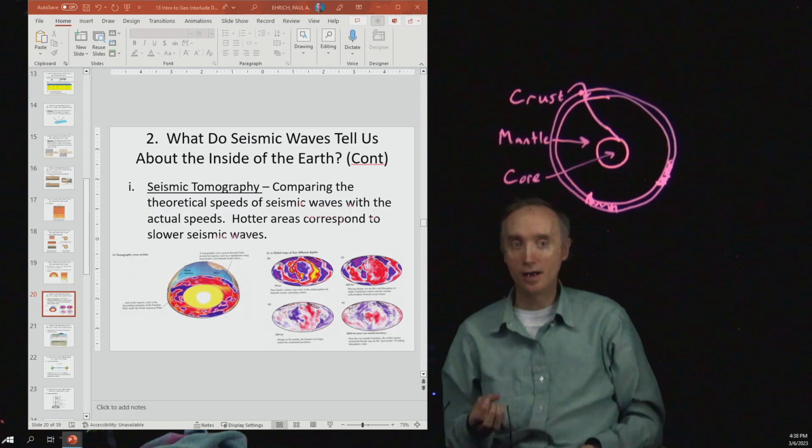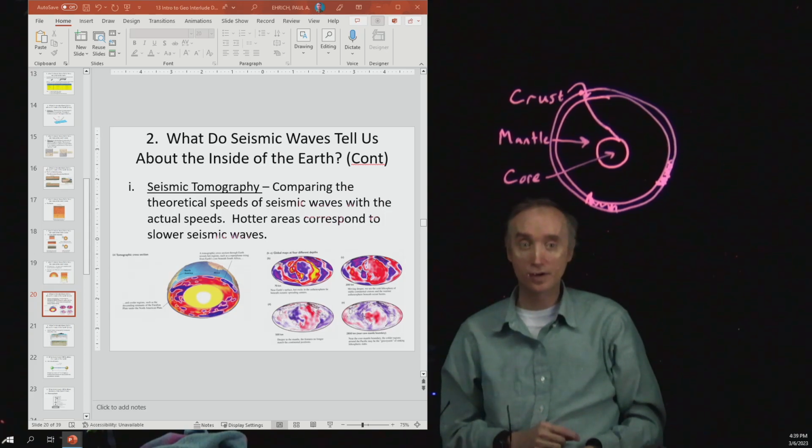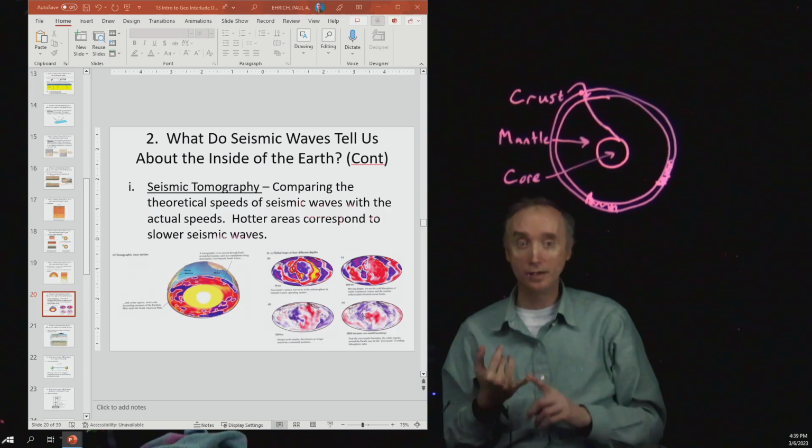If it's very hot on the inside of the Earth, then that means the state is going to be more liquid. If the state inside the Earth is more liquid, that means it's slower for the earthquakes to travel through it. All right, so again, red is going to mean hot. Hot is going to mean more liquid. More liquid means slower waves.